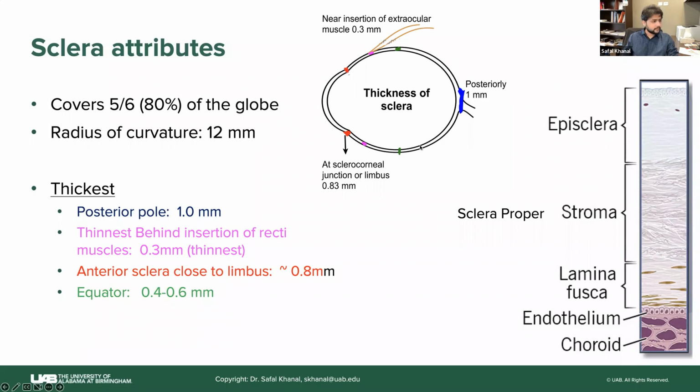millimeters. Now, if you look at the layers of the sclera, there is your episclera, which is the outermost layer, and then stroma, lamina fusca, and the innermost one, endothelium, and then there is your choroid coming on the innermost side.